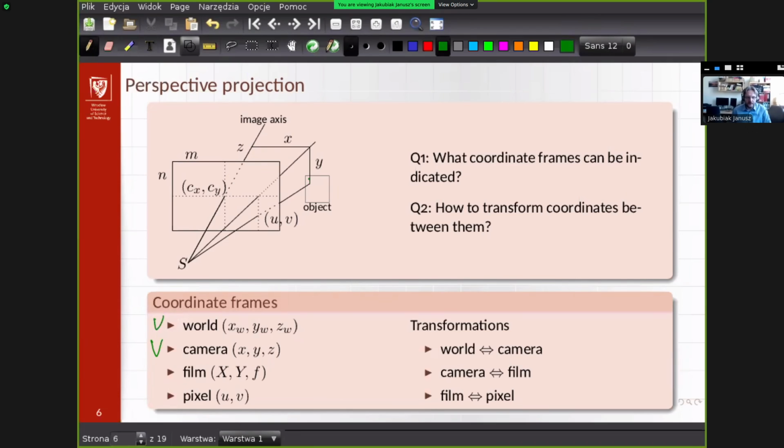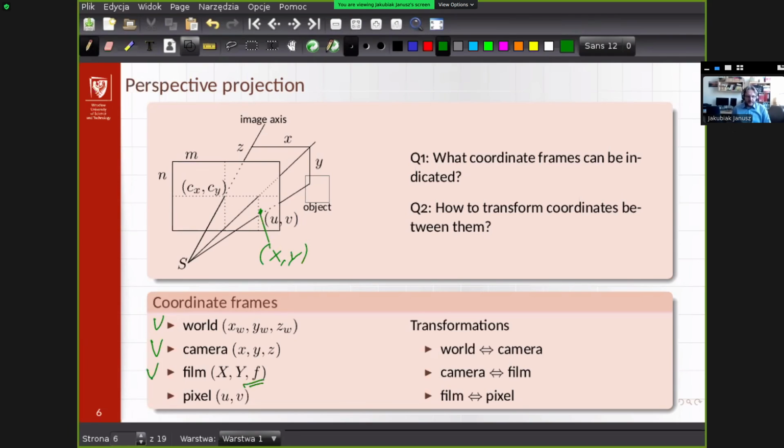So here we have x, y, and z from the camera system, and they are projected to the position of x and y on the film plane, and this projection depends on the focal length, so the distance of the focal point from the film plane.